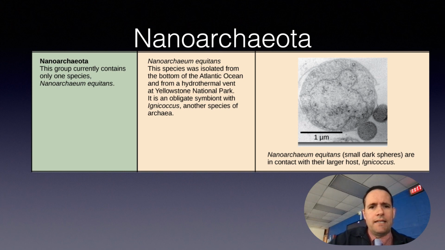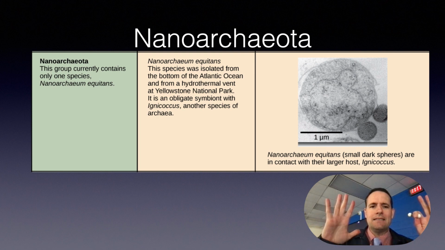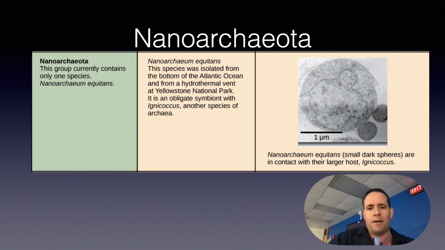Nano Archaea. Okay, so this group contains only one species. It was just such a weird thing that we had to put it in a whole class by itself. You know how sometimes you've been in a really small class, there just aren't a whole lot of students in that class. Imagine you're taking a welding class or a business class, and you're the only student in there.